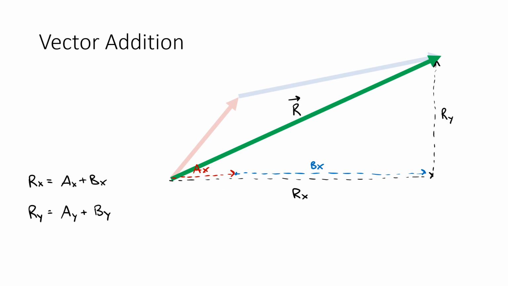And once you do that, you then add all of the vertical components together. And after you do that, you'll get this very large vertical component of the resultant vector. And once you have the two sides of this large green resultant vector, you're able to use Pythagorean theorem and other trig values we discussed earlier.